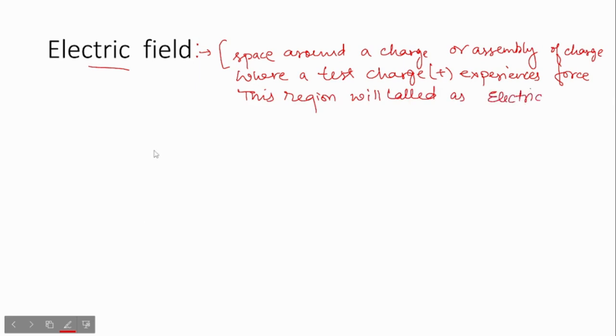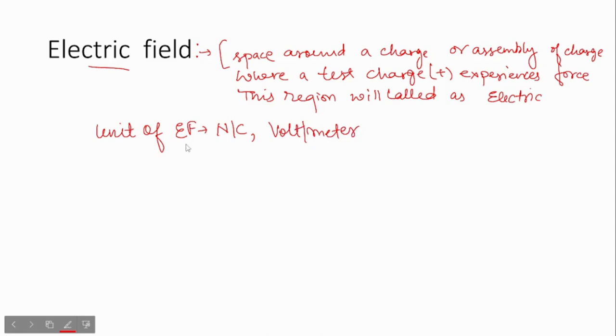Now we'll see the unit of electric field. The unit of electric field is Newton per coulomb, or another unit, volt per meter.